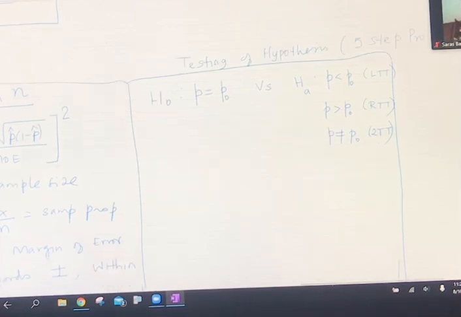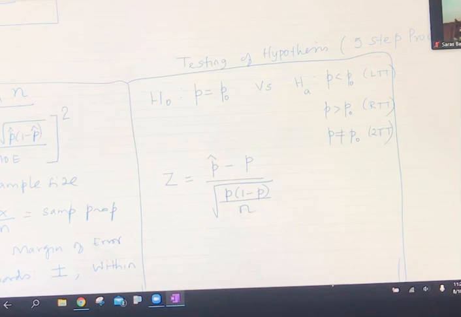All right. So once I define the step number one, null versus alternative, I am going to introduce the z-score, which is not new to you because you have already seen this in chapter 13. So my z-score formula is p hat minus p over square root of p times 1 minus p over n.